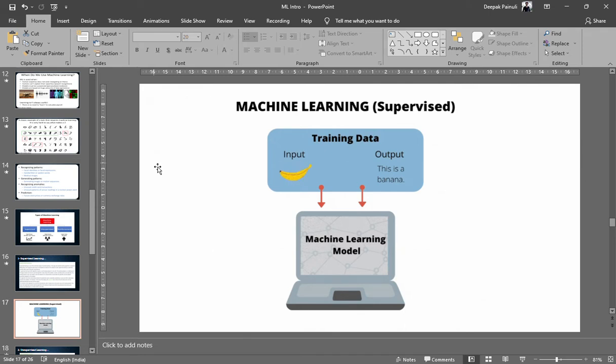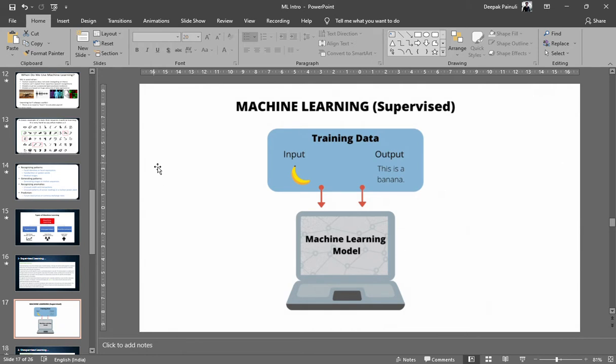Once it has trained successfully on the training data, whenever in the future we show the model the shape of a banana, it will identify it as banana with some accuracy parameter.